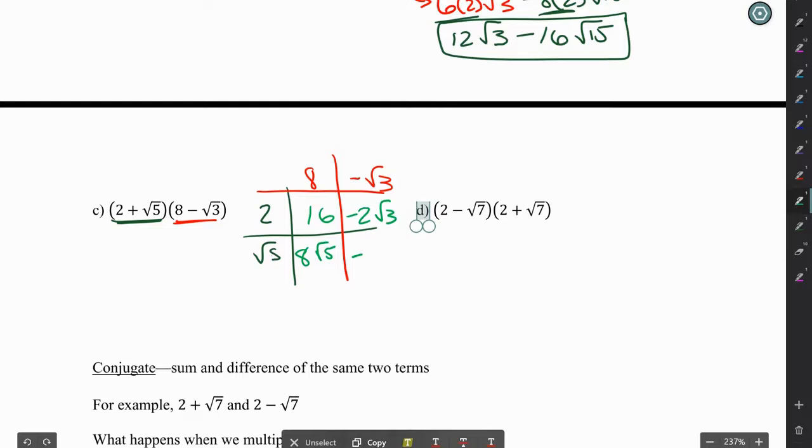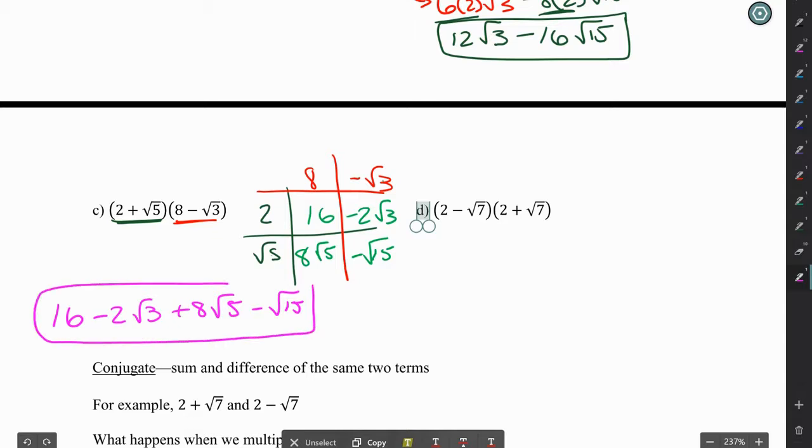And then they're both under the radical, so we get root 15. And then we just write them all out in a row. So 16 minus 2 root 3 plus 8 root 5 minus root 15. None of these simplify, so we put a box around it and we're done.